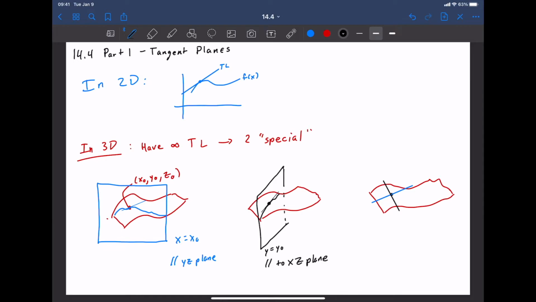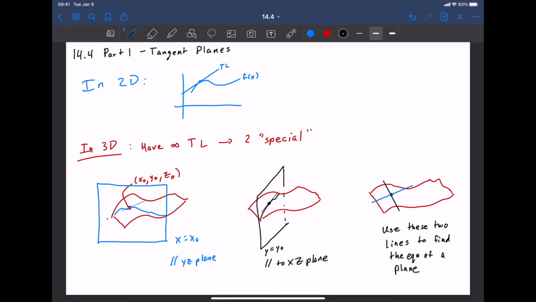And together, you might remember that we can use these two lines, not lanes, lines, to find the equation of a plane.